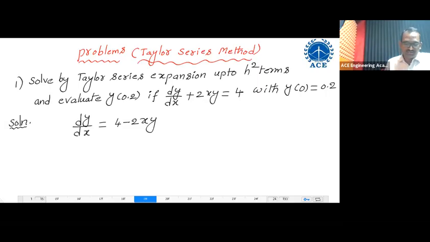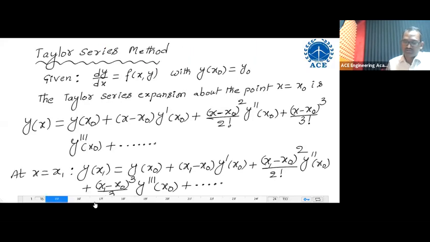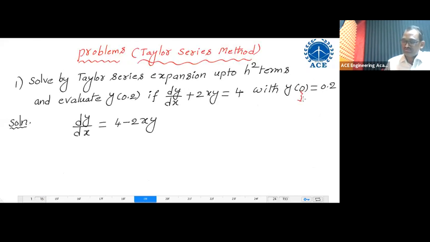Do you know the initial condition meaning? Remember, initial condition is y value at x naught is equal to y naught.